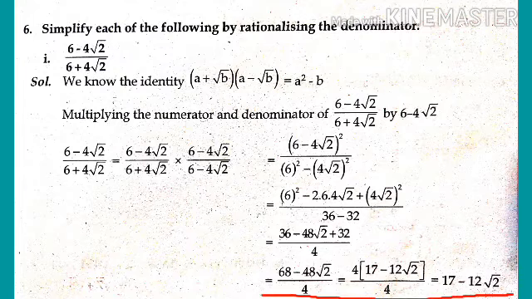That is equal to 36 plus 32, 68, minus 48 root 2, by 4. Here take the 4 common, 4 into 17 minus 12 root 2 by 4. Here the denominator and numerator cancel the 4. That is equal to 17 minus 12 root 2.